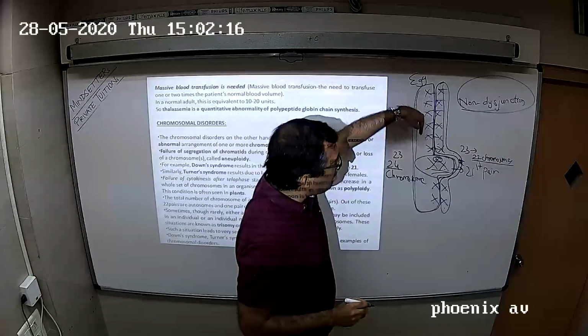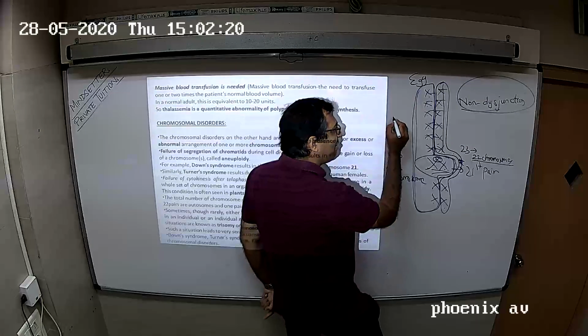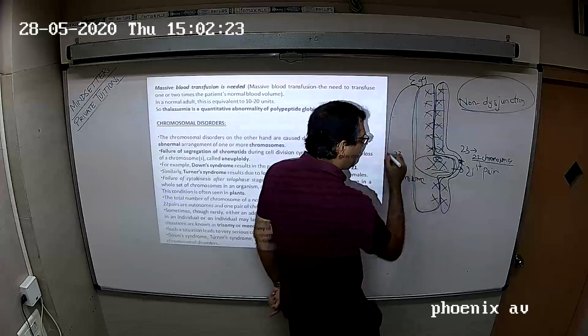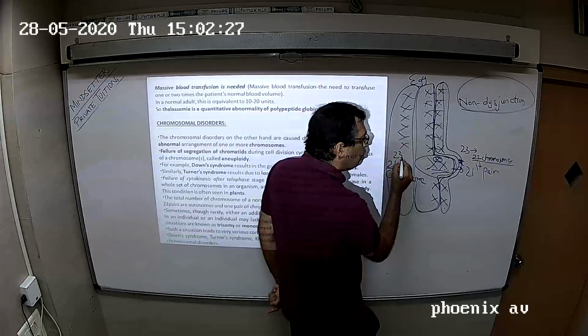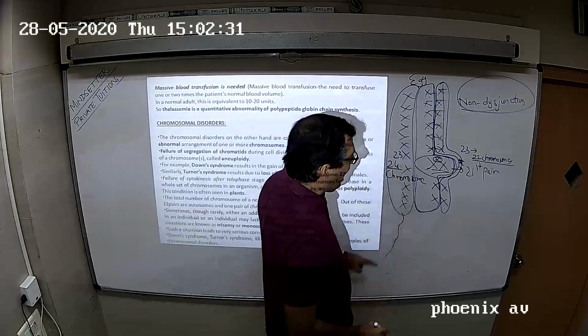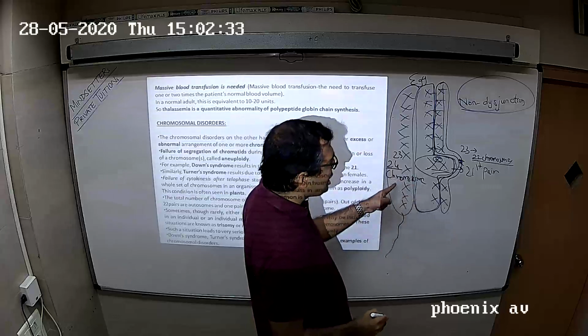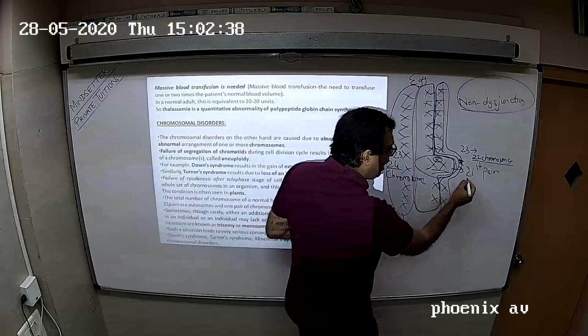If a sperm goes and fuses with this egg, what will the sperm carry with it? The sperm will carry 22 autosomes and the X chromosome, and when this egg and this sperm fuse with each other, what will happen?